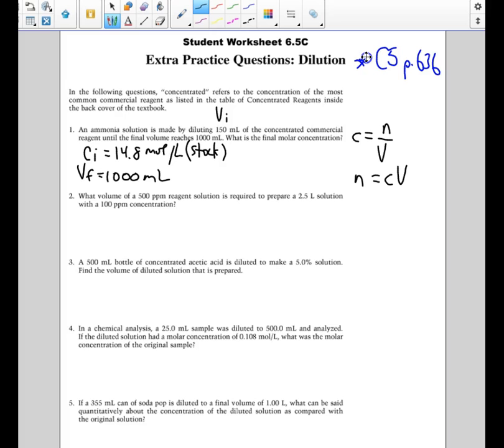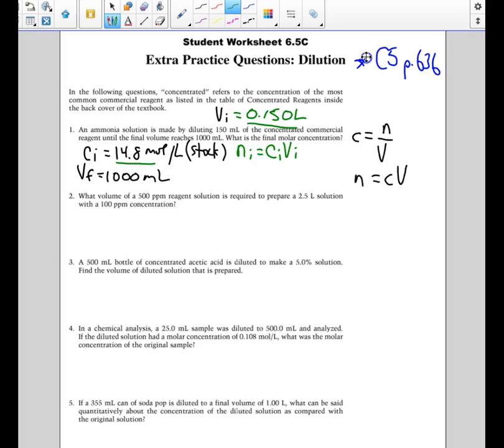So I can start with the initial conditions: I have an initial volume and an initial concentration. From that, I can say the initial number of moles is equal to the initial concentration times the initial volume. Make sure, of course, that this is in liters, so that's 0.150 liters. If we multiply those two values together, we'll get how many moles were removed.